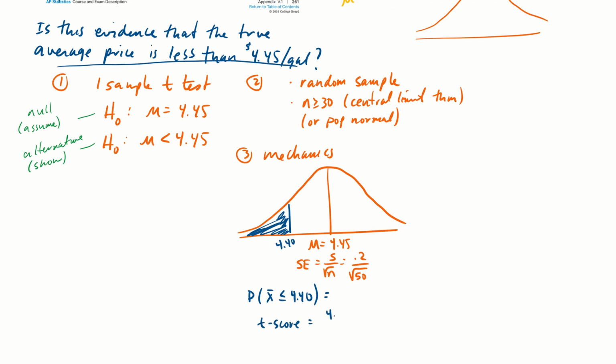And that would be 4.40 minus, it's just like the z-score. And I can look up on a table and figure out roughly what this p-value is, but what we're going to start doing is using our calculator. Remember, the p-value is the probability of getting 4.40 or less.